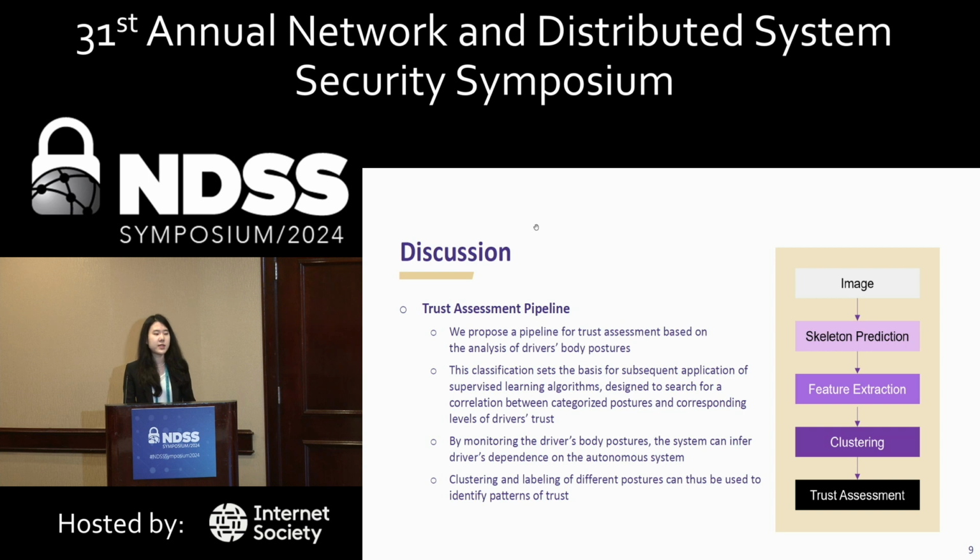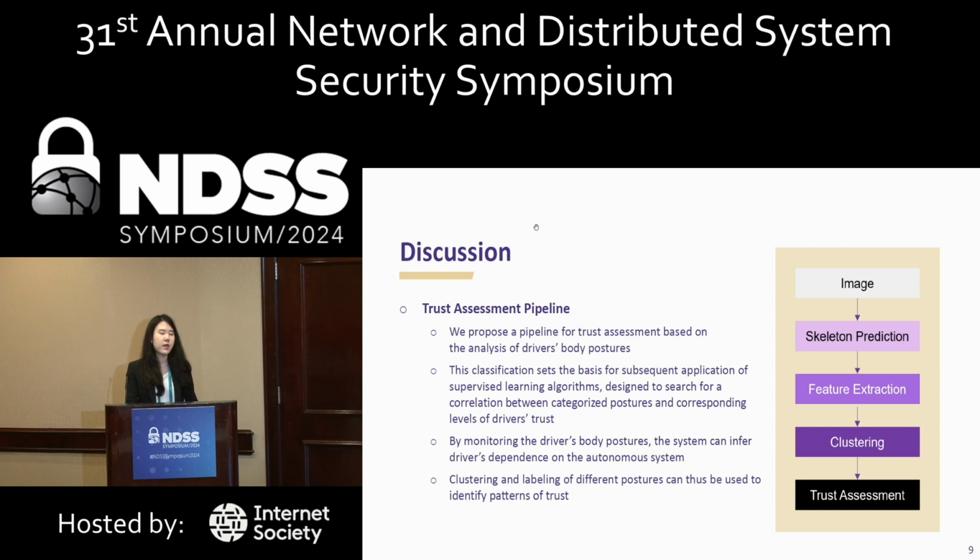To go into the discussion, based on this research, we would like to propose a trust assessment pipeline that is based on this analysis of drivers' body postures. We do think that this classification can set the basis for further supervised learning algorithms, which can search for a correlation between these categorized postures and drivers' subjective level of trust of the autonomous vehicles.